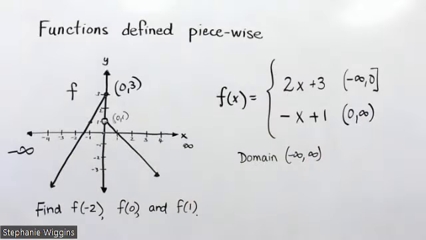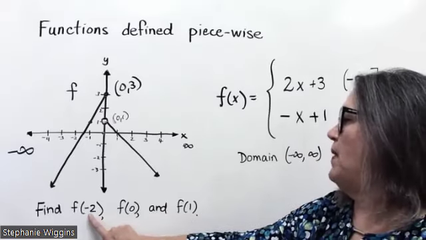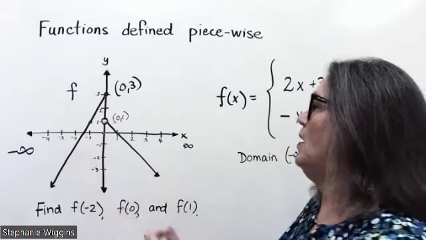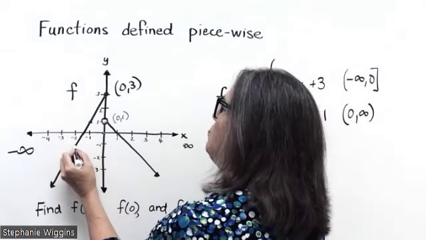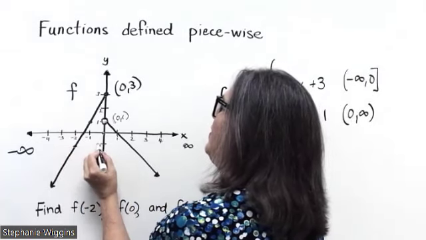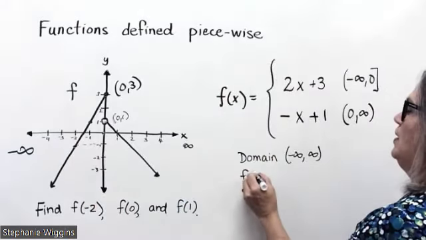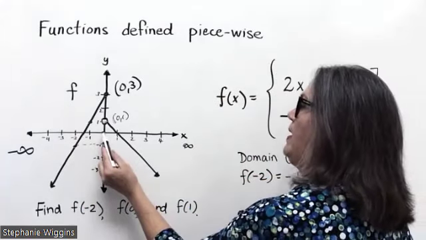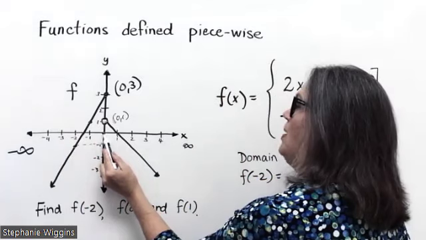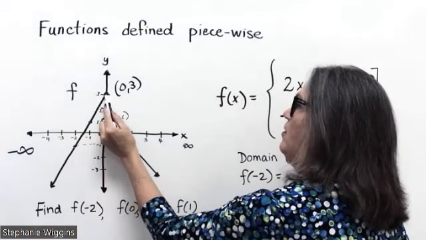Now, the next question we have is, what are the function values? And if you look at the graph, you can just look here at -2. Here's -2 for x, and this is the point at -2, and the y value at that point is -1. So f of -2 is equal to -1. F of 0 would be right here, x equals 0, and the function is not defined here, it's defined here.